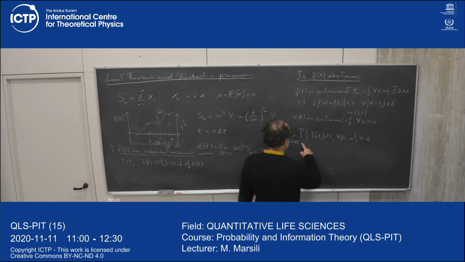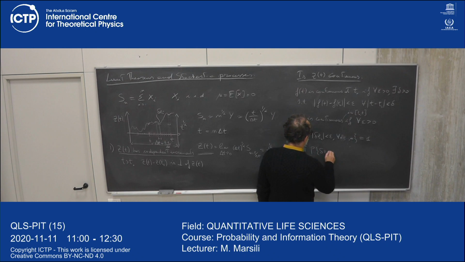So this is our definition, okay? So now it is clear that since the intervals are all independent, this probability is a product over i from 1 to m of the probability that the variation in interval zi is less than epsilon.